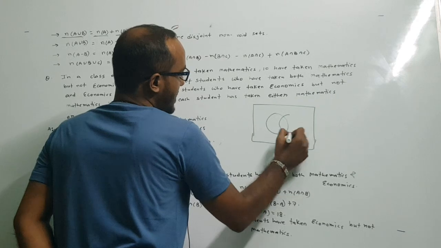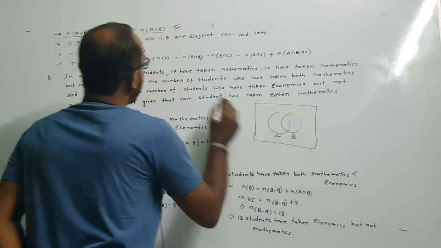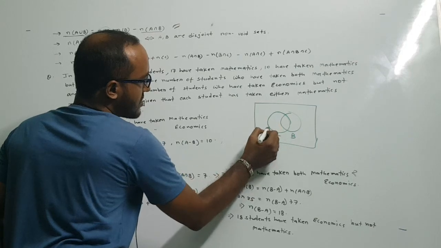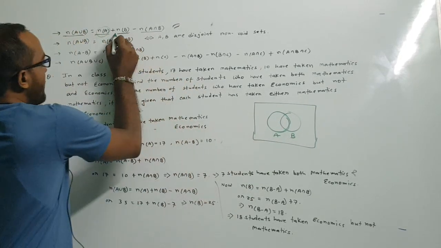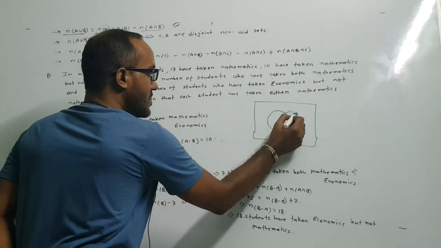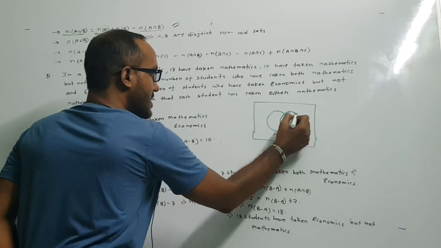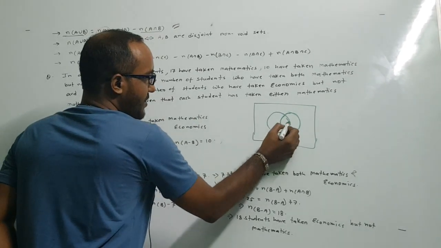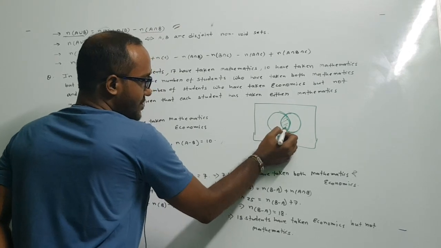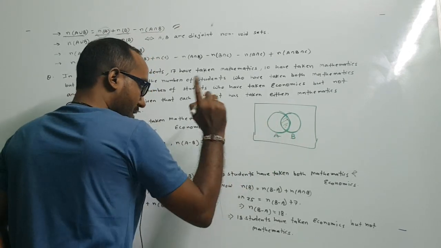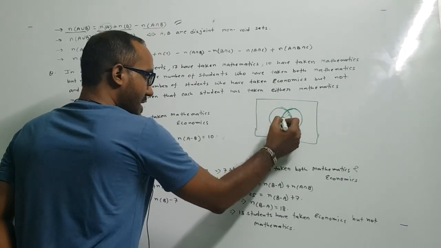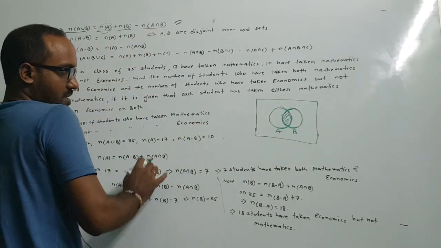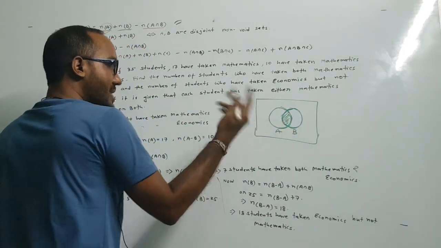We have two sets A and B. What is the meaning of N of A? N of A means this whole thing. Plus N of B means this thing we are adding. If you observe carefully, when we have taken N of A, we have taken this part already, and when we have taken N of B, again we are taking this part. So we have taken this part twice.